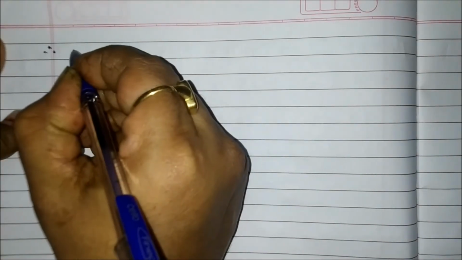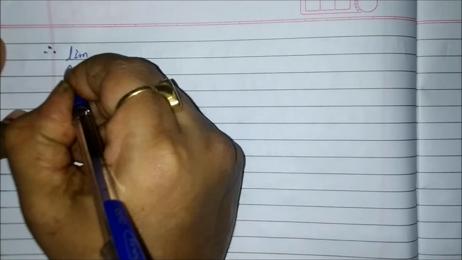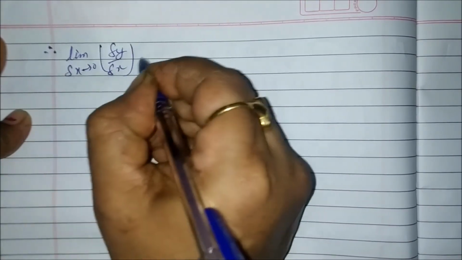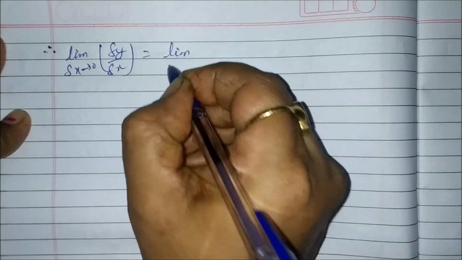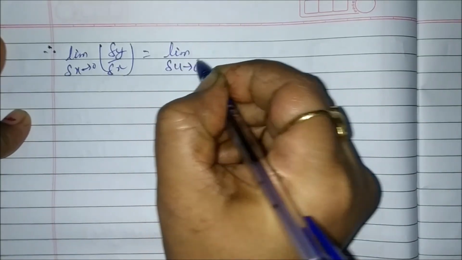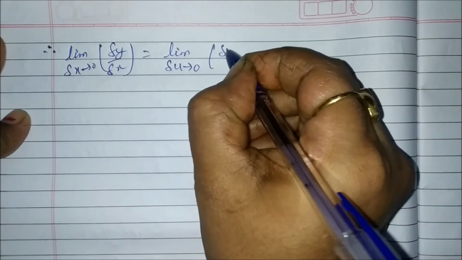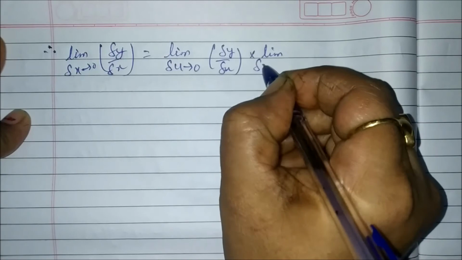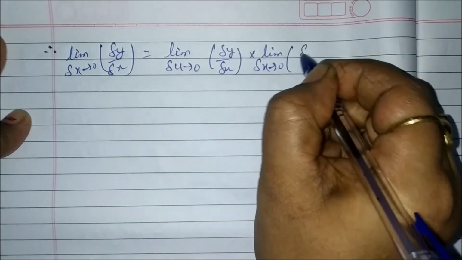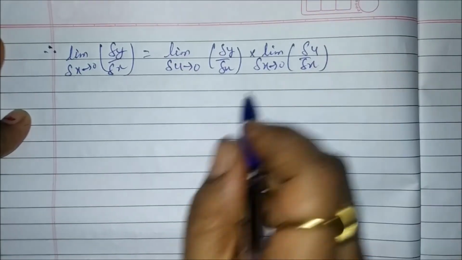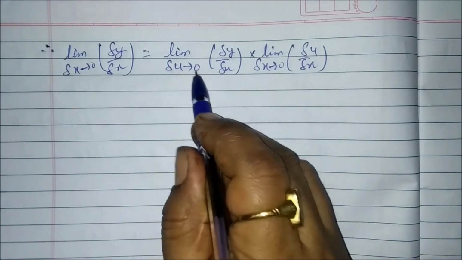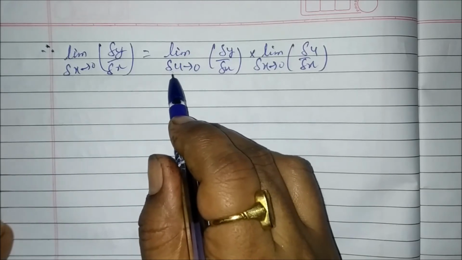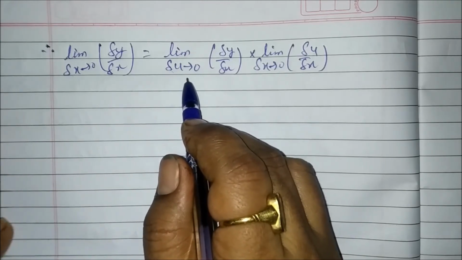Therefore we have limit delta x tends to 0, del y by del x is equals to limit delta u tends to 0, del y by del u into limit delta x tends to 0, del u by del x. Here this is changed: earlier we had delta x to 0, here now we are getting delta u tends to 0.